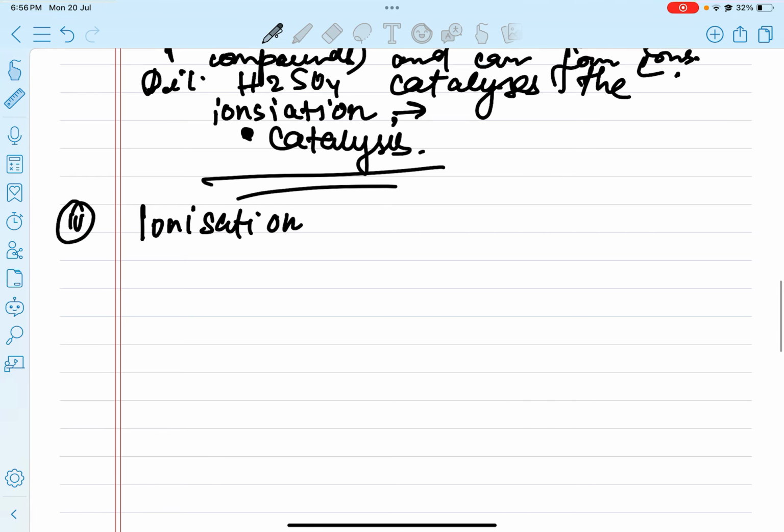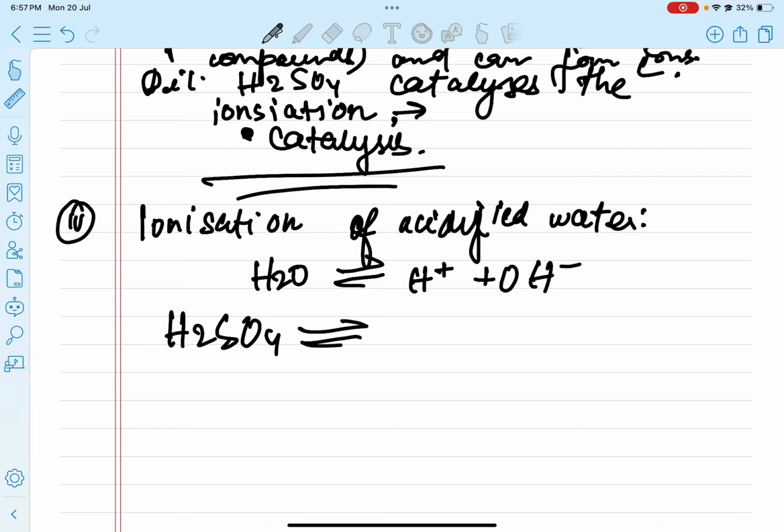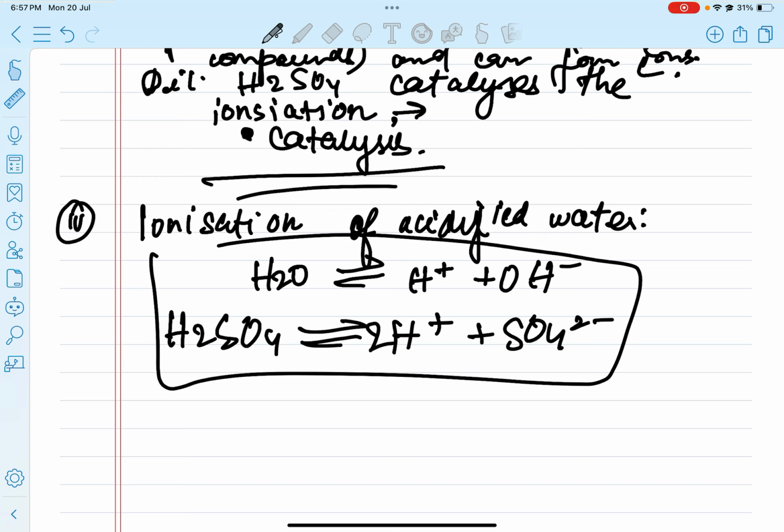Ionization of water. Water in pure state consists of molecules, as I told you. Oh no, not this. Ionization of acidified water. I have already said ionization of water. Now coming to ionization of acidified water, how will this ionize? Water will ionize as it does: H2O gives H plus and OH minus. H2SO4 gives 2H plus and SO4 2 minus. This is the ionization of acidified water.